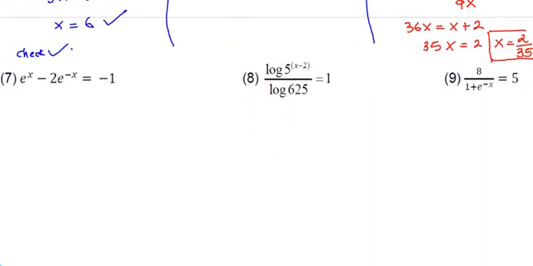Okay, let's cross out number 7. We are not doing that. Let's take a look at this one. You can change the base, but it would be much easier if you do the cross multiplication.